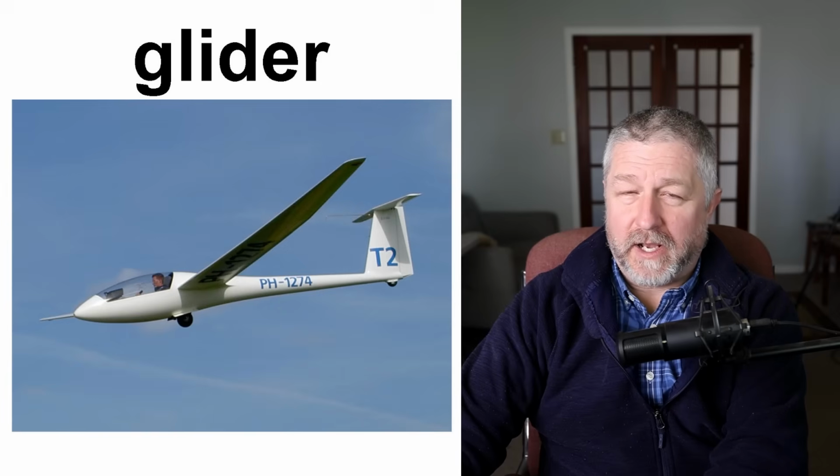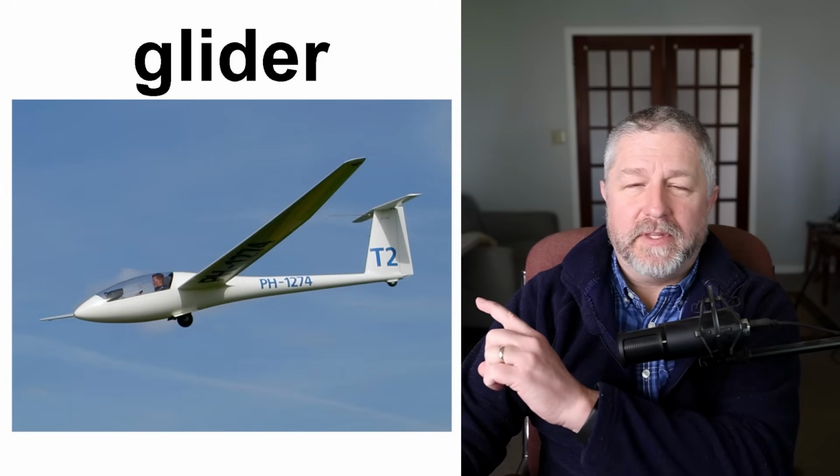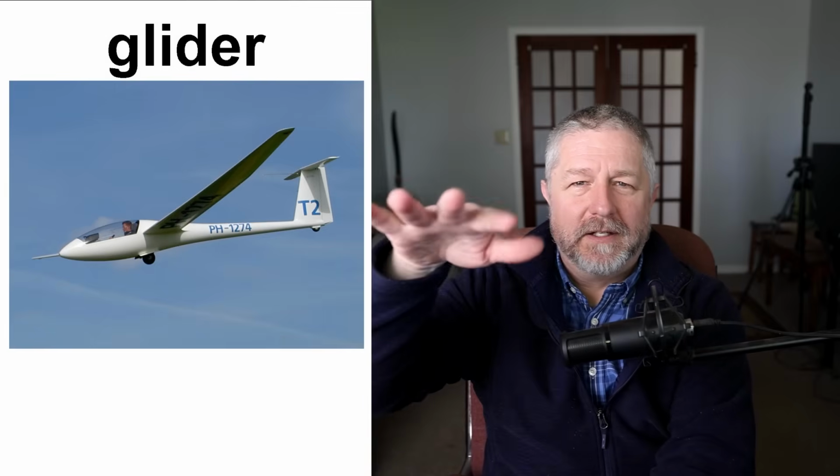So not only is glider the name of this machine, it is also the verb we use. A glider will glide. It's supposed to be very peaceful. There's no engine noise, and you just kind of use the winds to glide and slowly go down, and up a little bit too, if you can catch the wind properly.